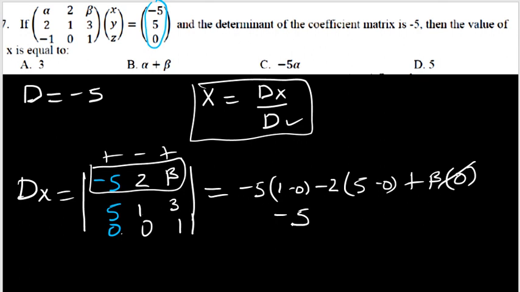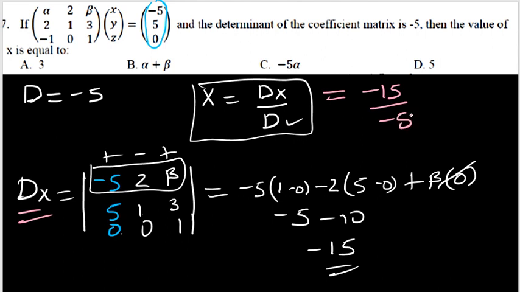So what is left? -5 minus 10 left, which is -15. I have got dx. Now since we are looking for x, we state the formula already. The dx is negative 15 over d, the determinant of the coefficient matrix, which is given as negative 5, which is equal to 3. The answer will be A.